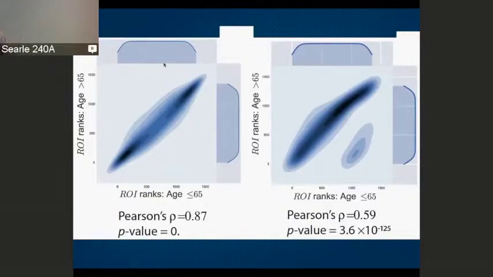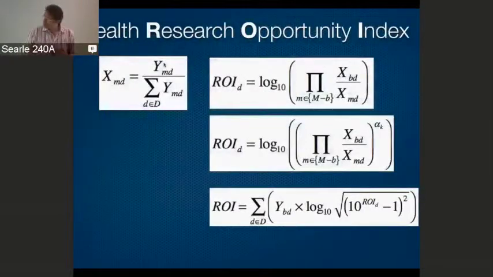So you can see there's a little bit of a difference in those who have older diseases and those who have diseases associated with younger people, and that the older diseases attract more relative attention than the younger diseases in the U.S.